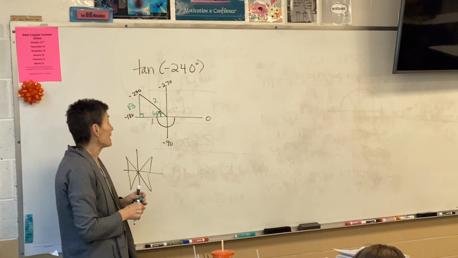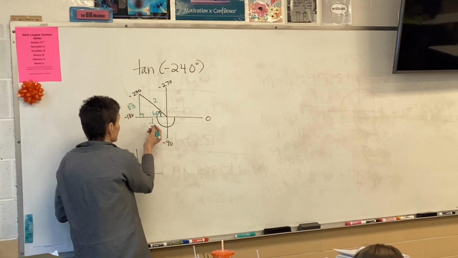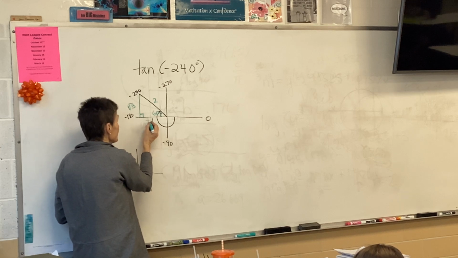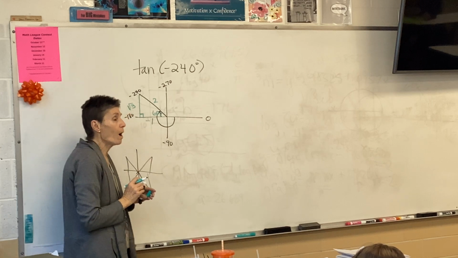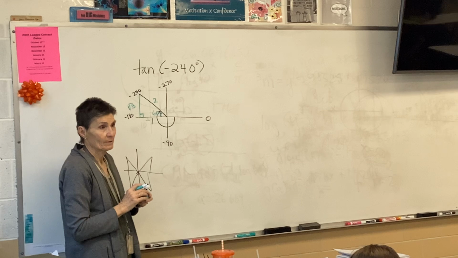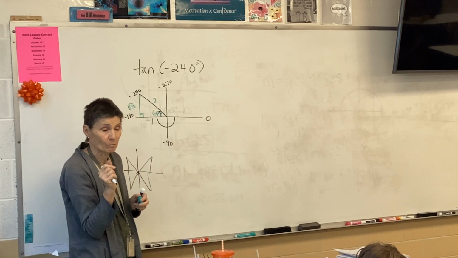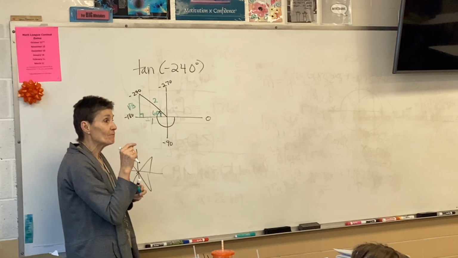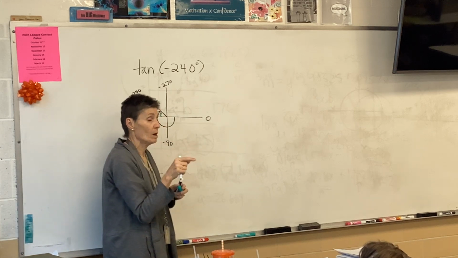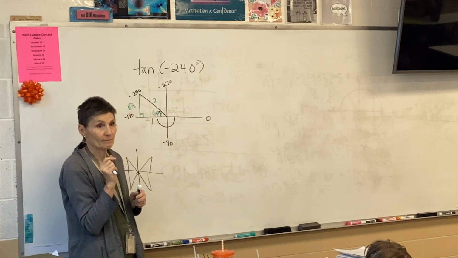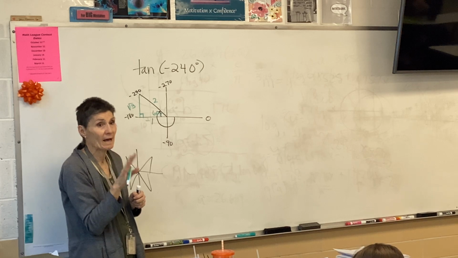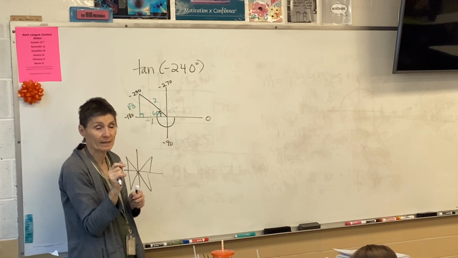Albert? Negative root 3. Now, be careful. See this 1 right here? He's actually negative. Why is that 1 negative? Because he's to the left of the origin, right? Our triangle is in quadrant 2. If you aren't in quadrant 1, something will be negative. Quadrant 1, you don't have to worry about it, but every other quadrant, something will be negative.